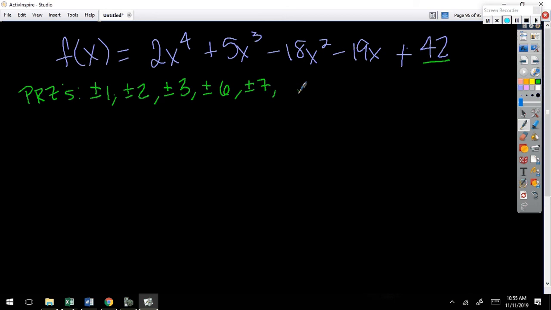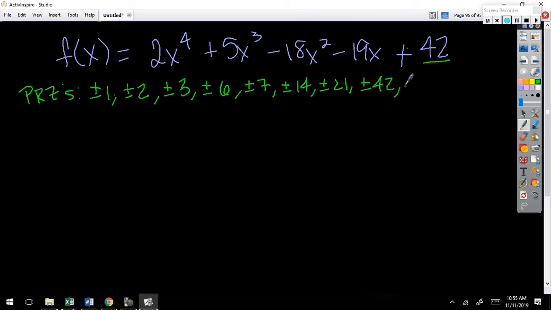No. 10? No. 11? No. 12? No. 13? No. 14? And then 42. Now take all those numbers and divide them by 2. So you only need to worry about those odd numbers, right? Because the other ones are going to show back up.